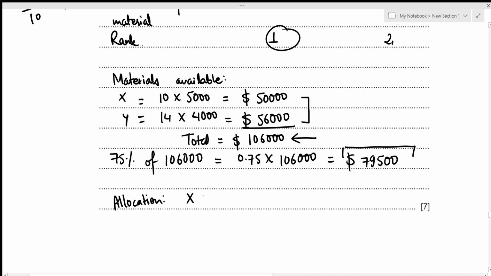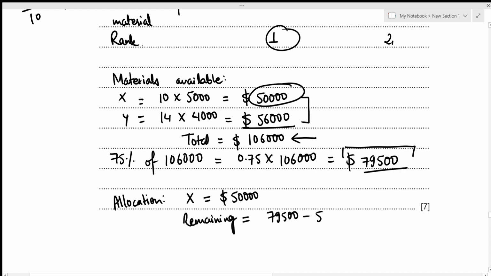Product X will be getting what they usually got, that is 50,000, right? Then the remaining materials would be 79,500, which is our total, minus 50,000. So this gives the remaining direct materials a value of 29,500.